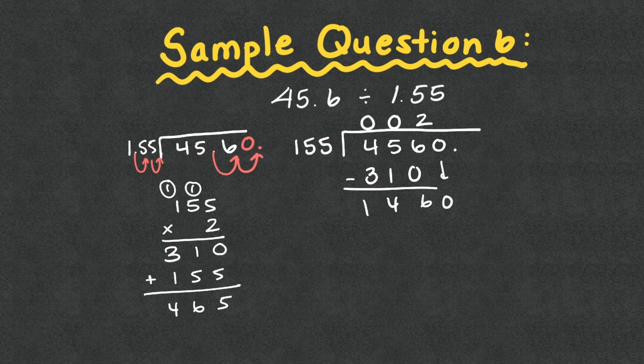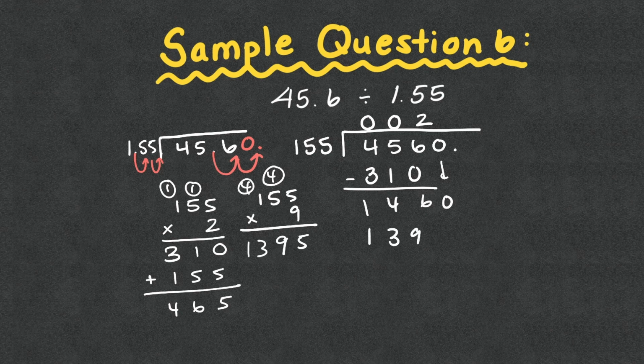So I have 1,460. I know that this is probably close to 10 times, but because we can only put one digit above, I'm actually going to try 155 times 9. So 9 times 5 is 45. Wrong one, excuse me. Drop the 5, carry the 4. Same thing, 9 times 5 is 45, plus 4 is 49. And that gives me 1,395. So subtract.